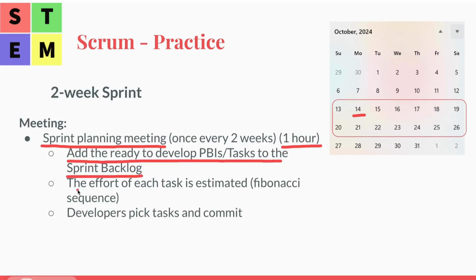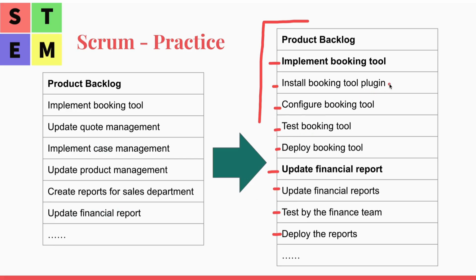Then the effort of each task is estimated with the Fibonacci sequence. Every task here will have some estimation, usually whether it's 0.5, 1, or 2 maybe.